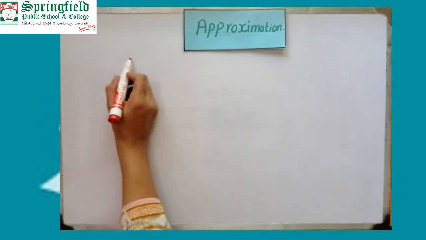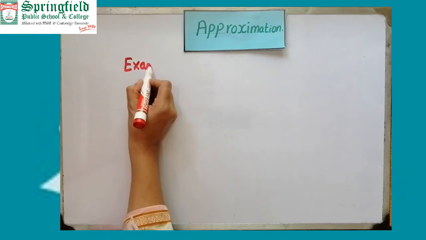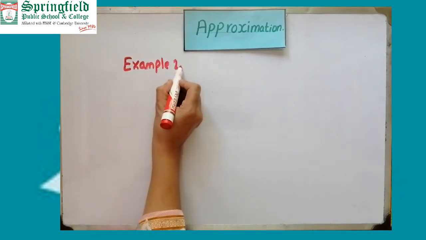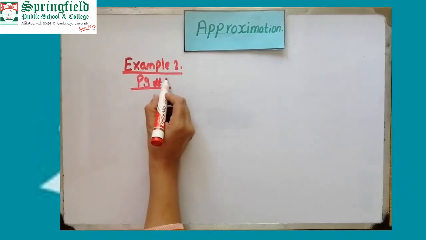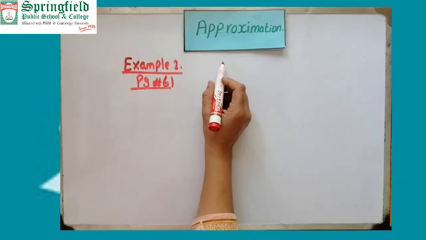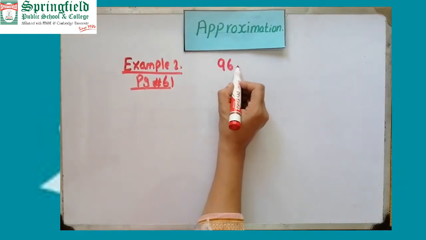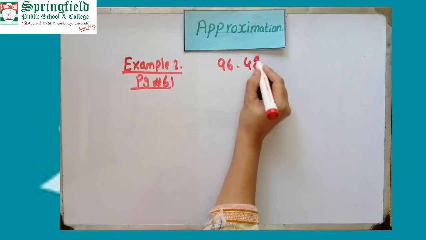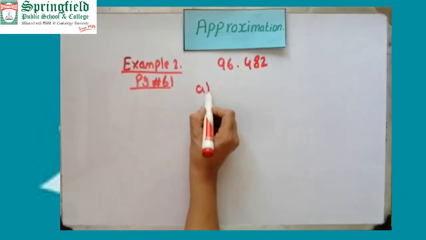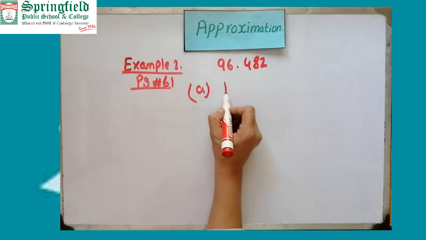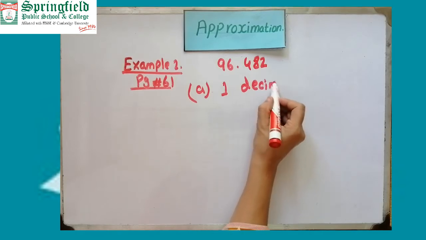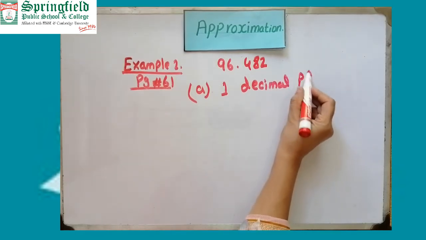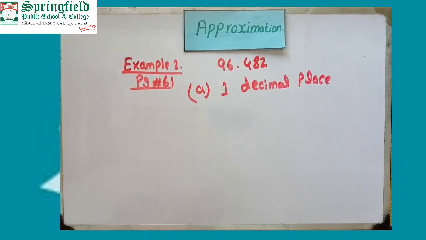So example 2, page number 61, and the number is 96.482. In the first part they are saying to round off to 1 decimal place. Now how can we round off this number to 1 decimal place?